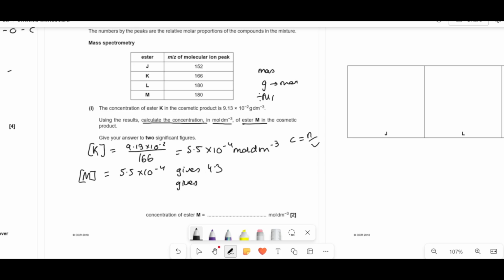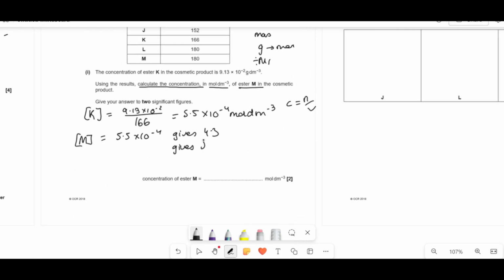So to find how much it gives for an area of 5.9, you divide by 4.3 and times by 5.9. So the concentration of M is 5.5 times 10 to the minus 4 times 5.9 divided by 4.3. That gives 7.546 times 10 to the minus 4, but we should stick to the same number of significant figures as the question, which is 2. So I'm going with 7.5 times 10 to the minus 4.